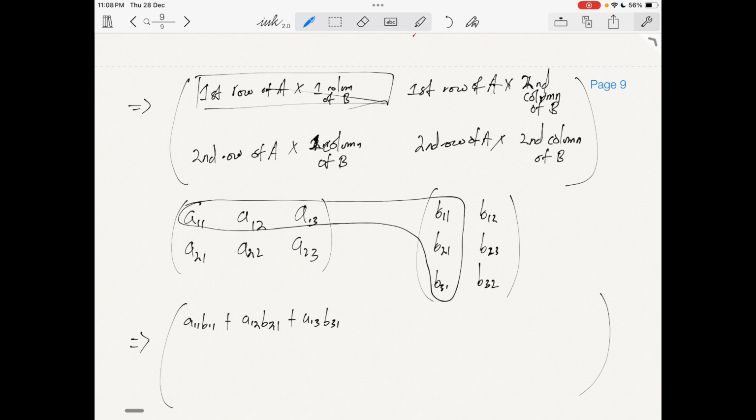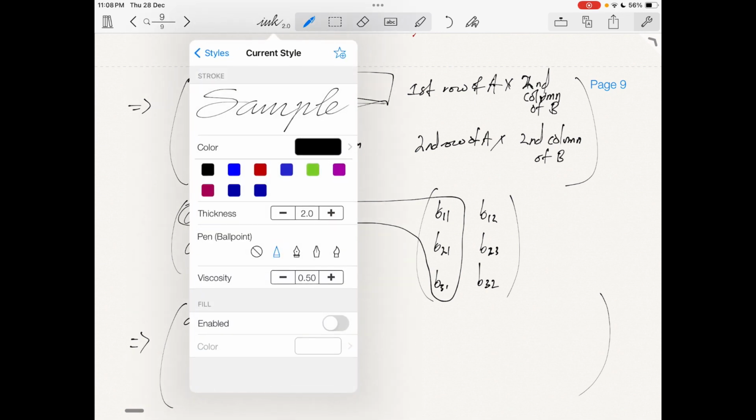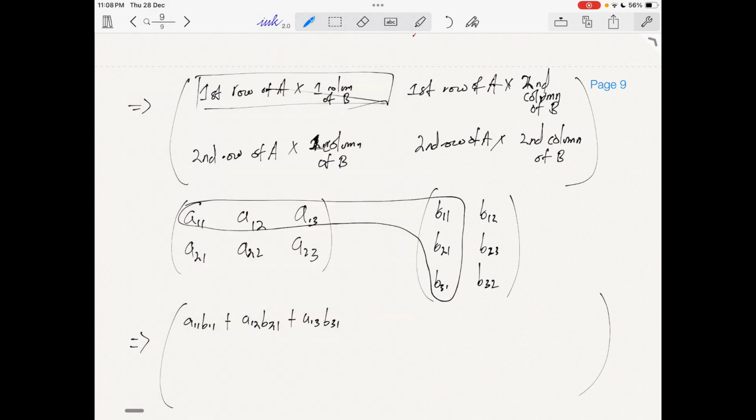Now to get this one, we have the first row multiplied by the second column. So we'll have A11 B12 plus A12 B23 plus A13 B32.